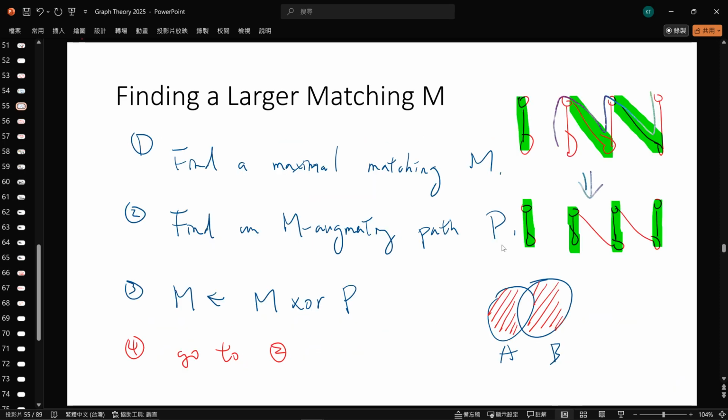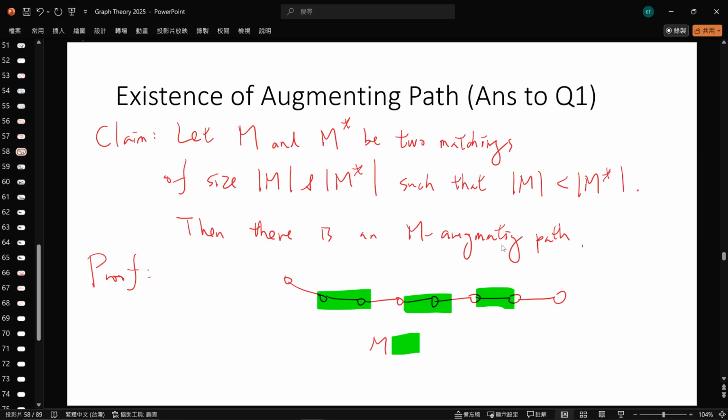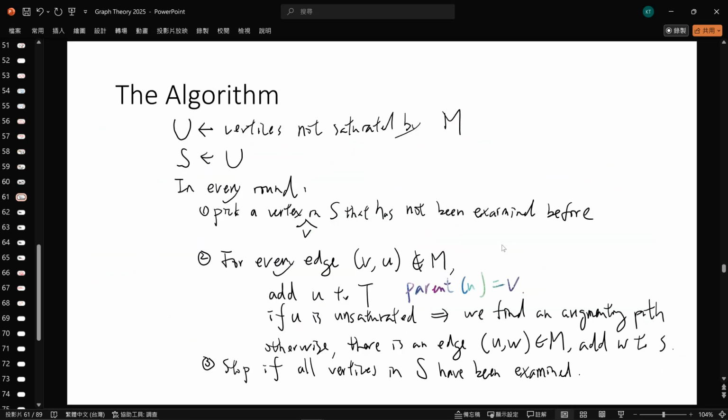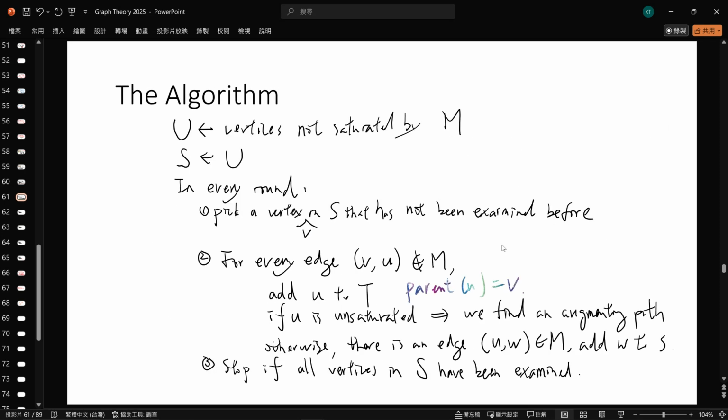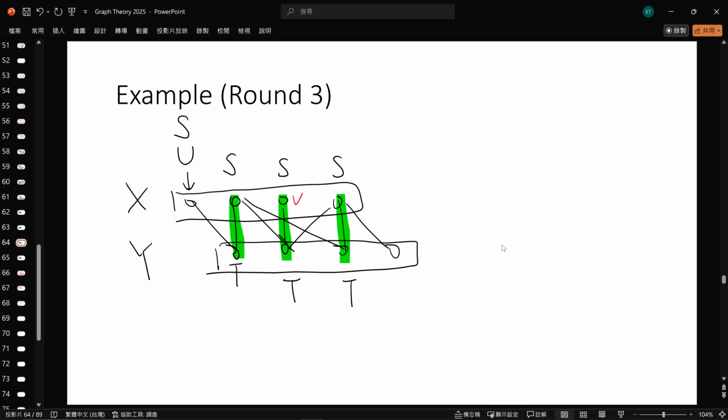But before that, there's a useful property about S and T that we're going to use later. Let's consider this one.